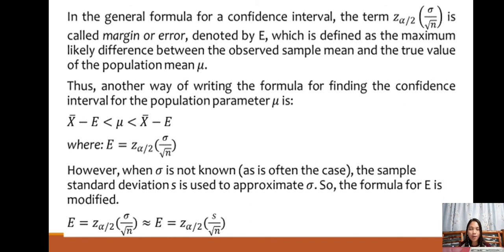So we can compress the formula to x bar minus E to x bar plus E. However, if sigma is not known, you can use S, the sample standard deviation. So the formula for E is approximated to z sub alpha over 2 times S over square root of n.